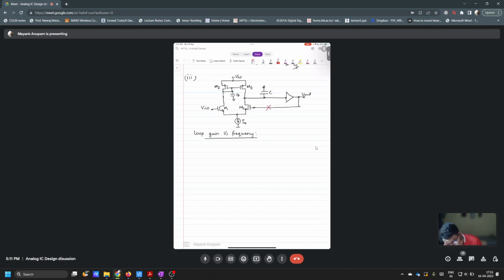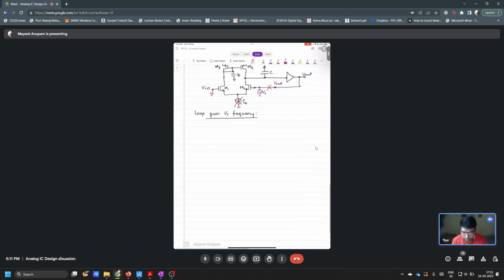Before breaking the loop, what should I do? Vin must be grounded. This should be grounded, isn't it? This should be broken. This should be removed, right? Yes, sir. Now this is broken here, and I have to apply a test voltage here, right? Correct? And I have to find out what is the V return here, correct? Tell me what will it be?